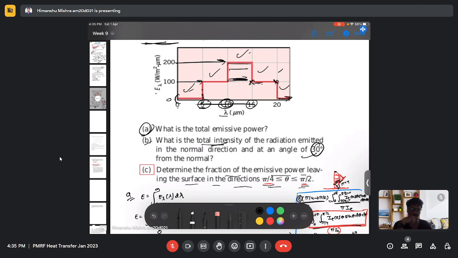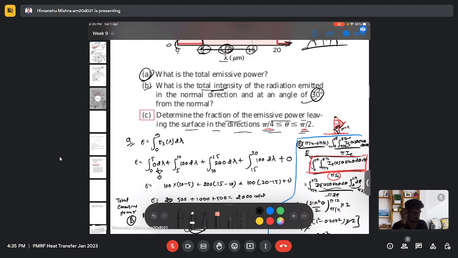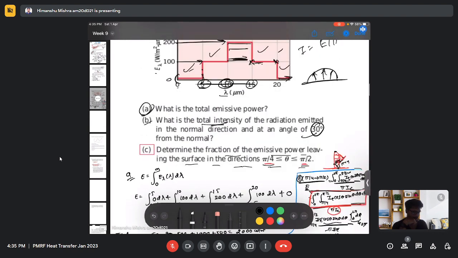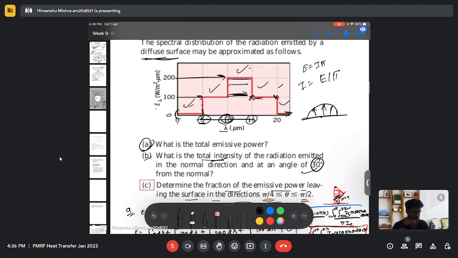So again, one reason I could find: my intensity for a diffusive surface will be just my total emissive power by pi. Now I got this relation after this integration. That means if I, let's say, integrate in all directions in theta and phi, in the end I will get this relation, which is E equal to I pi, which means that my diffusive intensity will be E by pi.